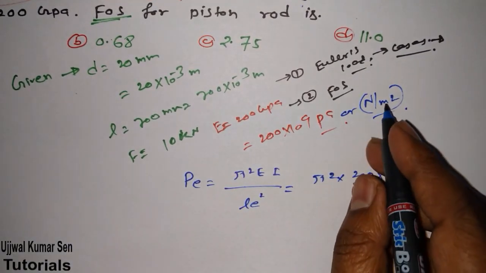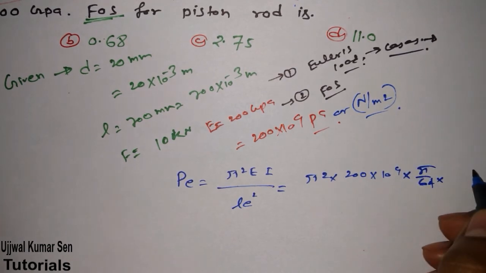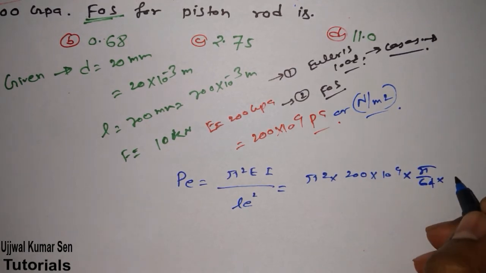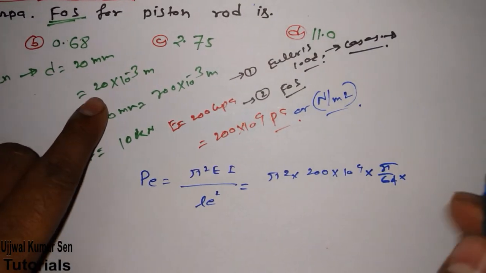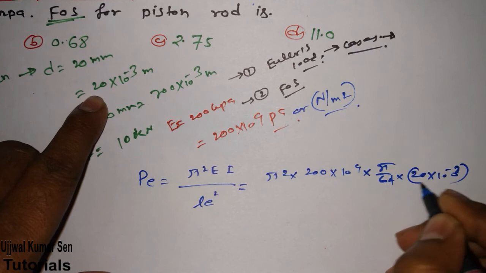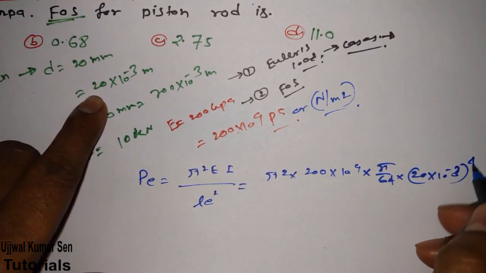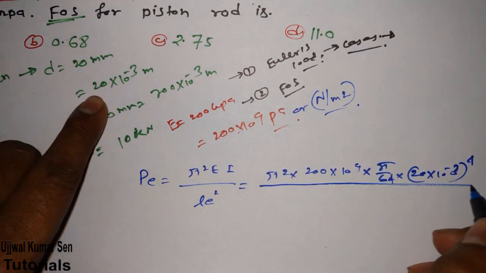Remember that this is in SI. I is pi by 64 d to the power 4, because the rod is circular. Here we write 20 multiplied by 10 to the power minus 3, whole to the power 4. Don't forget all these things, otherwise you will make mistakes.